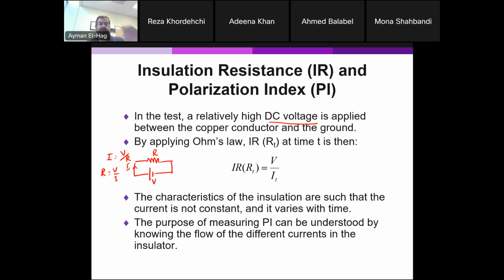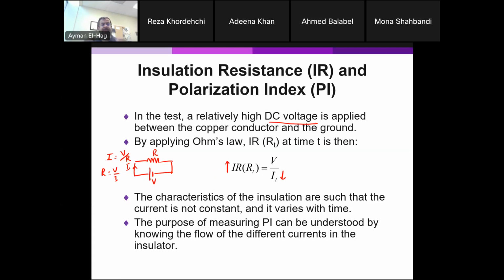But here, when you connect the Megger test, you will notice that the value of the current is not constant. As a matter of fact, it decreases with time, and hence the value of the insulation resistance increases with time. And we want to understand why this is happening. We'll talk about that in the coming slide.